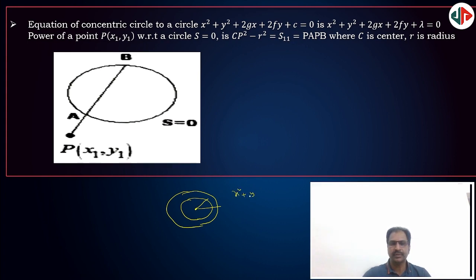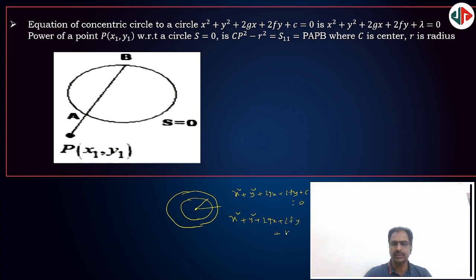Suppose the equation of one circle is x square plus y square plus 2gx plus 2fy plus c is equal to 0, the given circle. As I said, concentric means the center should be the same. What is the center for this? Minus g, minus f. So the center of the concentric circle should also be minus g, minus f. So there should not be any change in the equation up to here, but the radius must be different.